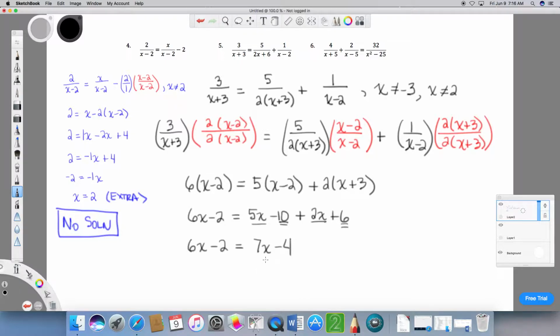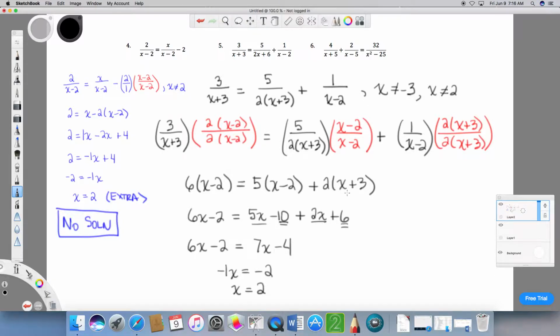So if I subtract 7x from each side, 6x minus 7x is a -1x. If I add +2 to each side, -4 plus a +2 is -2. And if I divide both sides by -1, x equals 2.